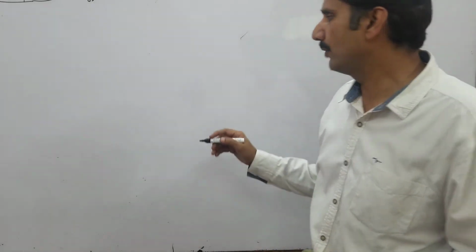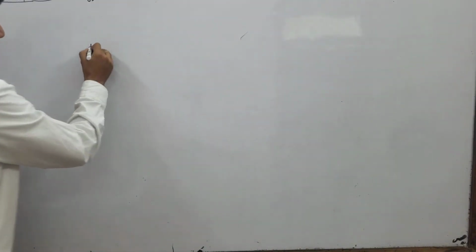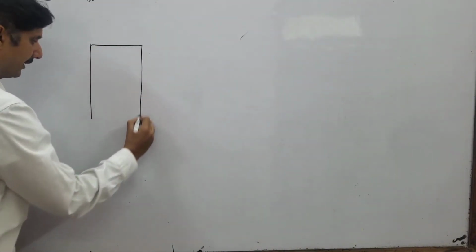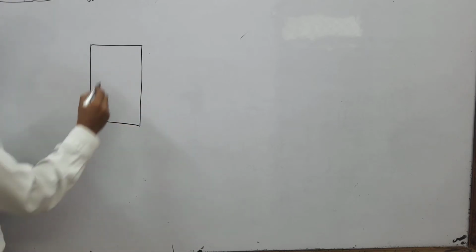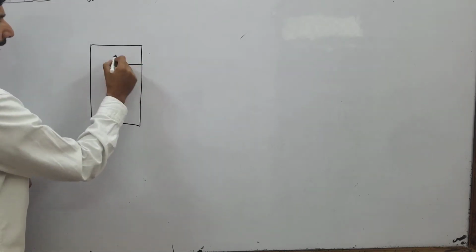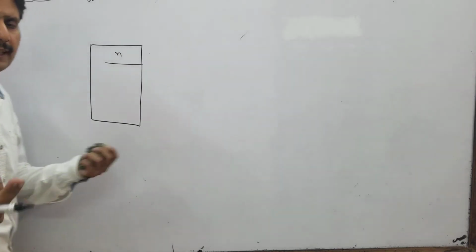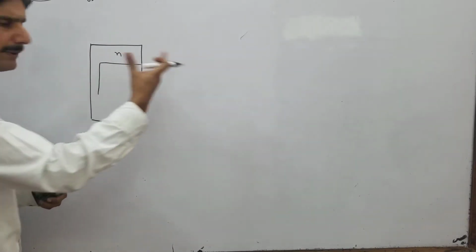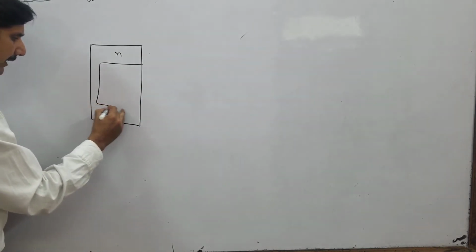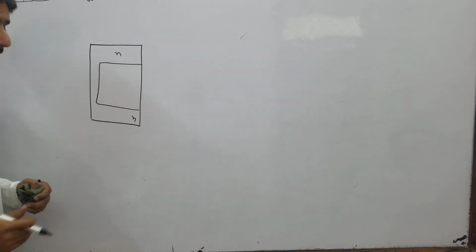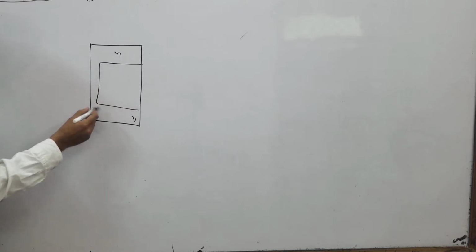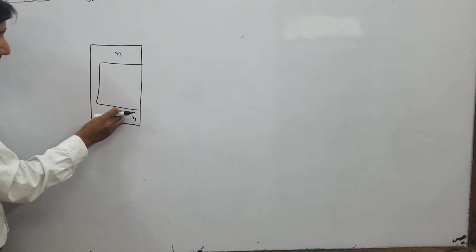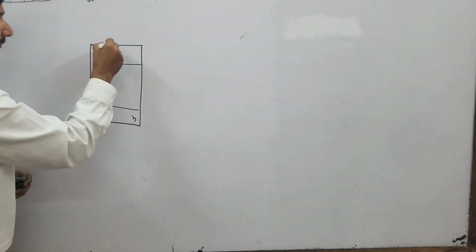A depletion type MOSFET. This is a bar of semiconductor, and one region, let's say, has been doped with N-type so that this becomes an N-type semiconductor. There is this region also, N-type semiconductor, and a thin region connects this portion and this portion of the MOSFET.